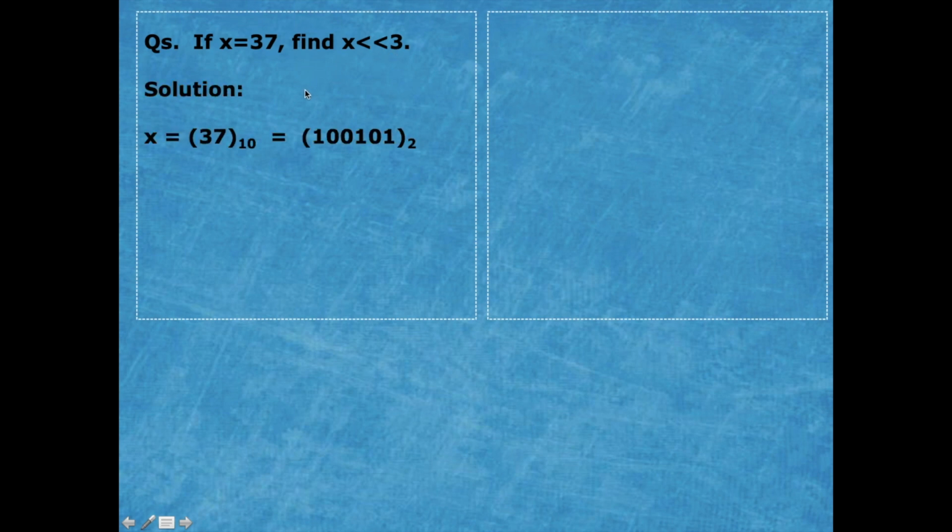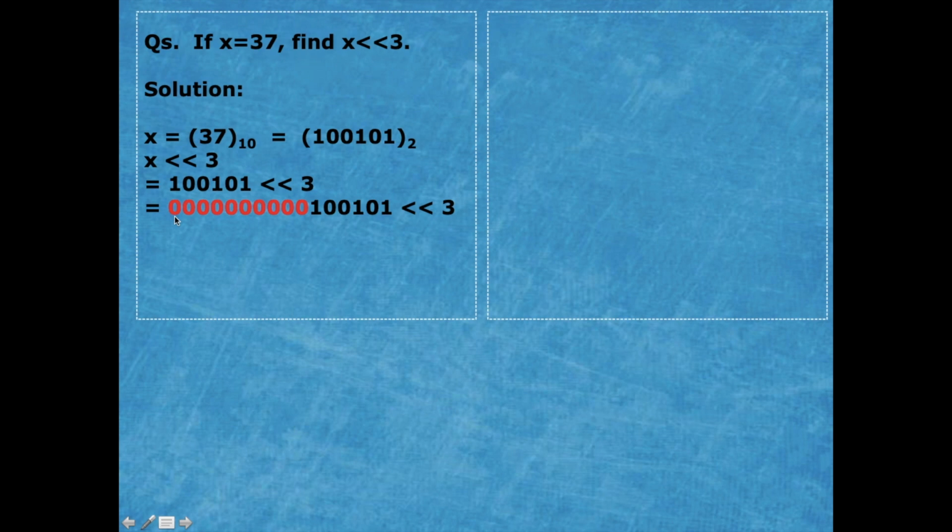Now x is equal to 37, which is 100101. So x left shifted by 3 bits is 100101 left shifted by 3 bits. Now don't forget, you can use shift operator only with multiple of 16 bits. So add 10 extra zeros on the left side and you get this. Now let's finally understand how the left shift will work.